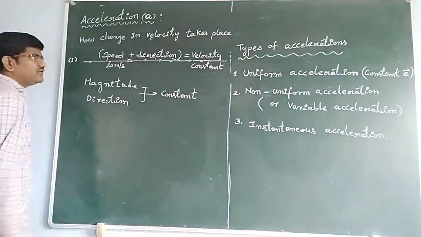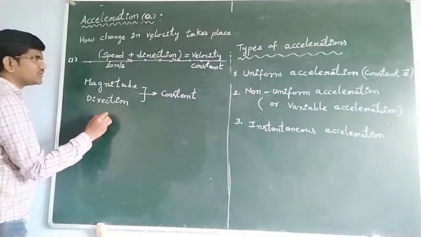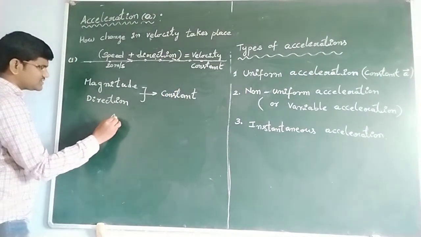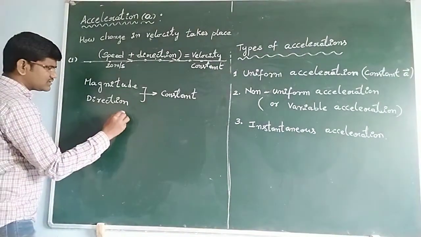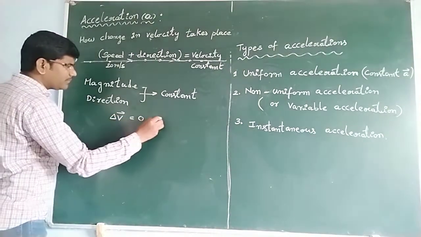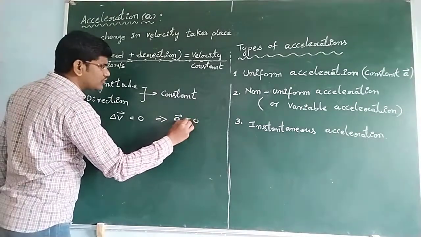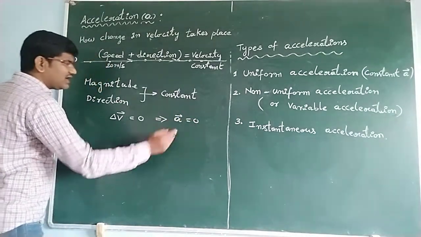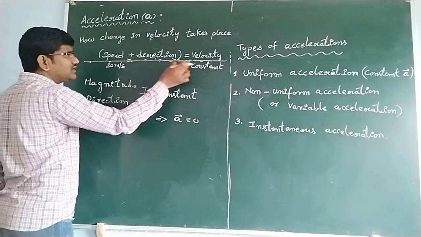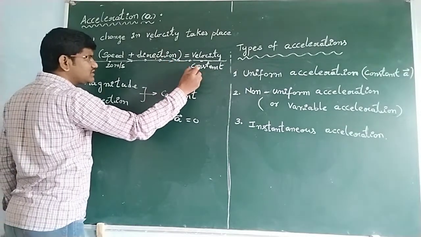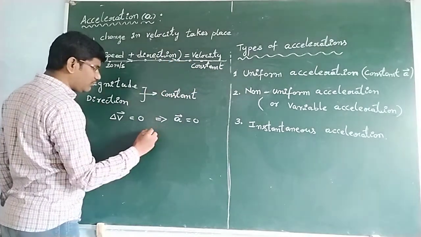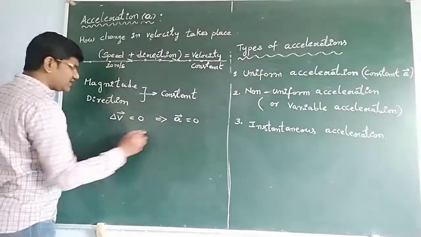So that velocity is constant. Velocity constant means change in velocity is equal to 0. That implies acceleration is equal to 0. Acceleration is 0 means here it is moving with a constant velocity, so you can say that it is in uniform motion. So acceleration is 0.